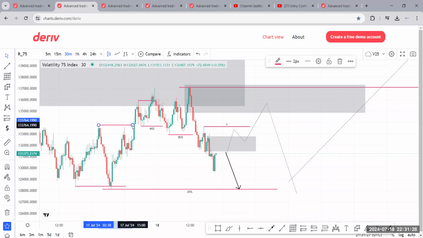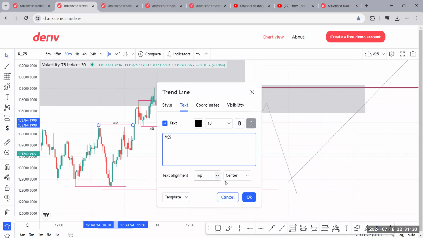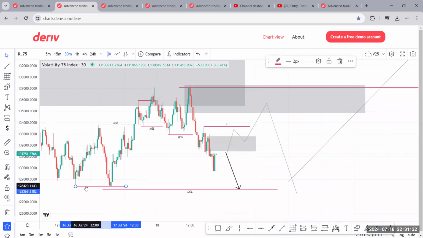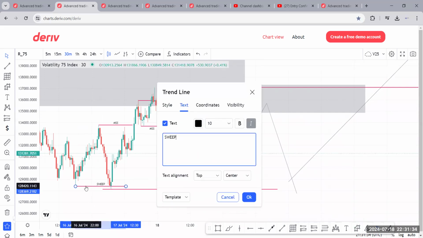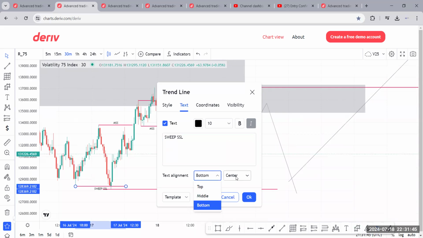So that was a market structure shift or a change of character here after this sweep of sell side liquidity.